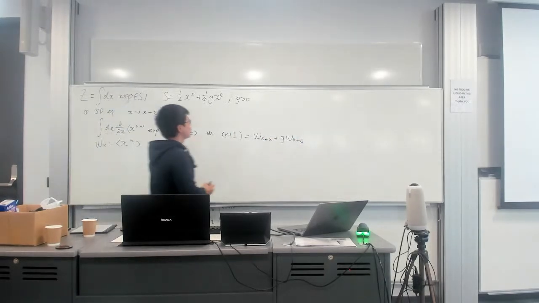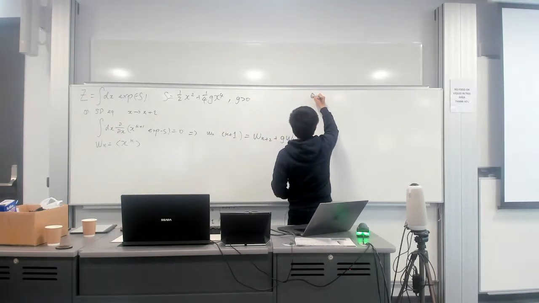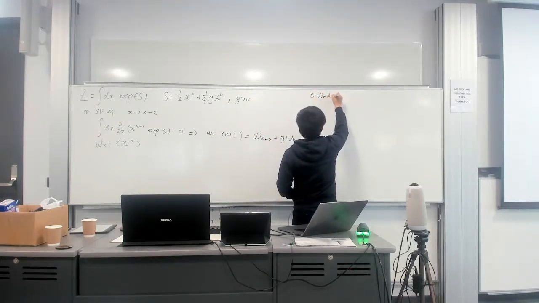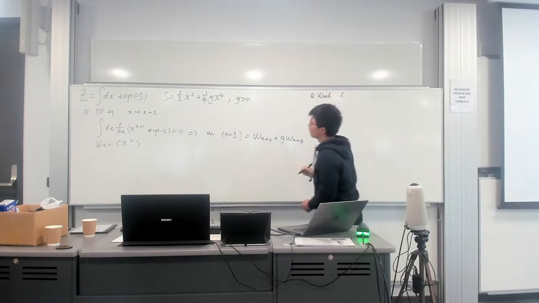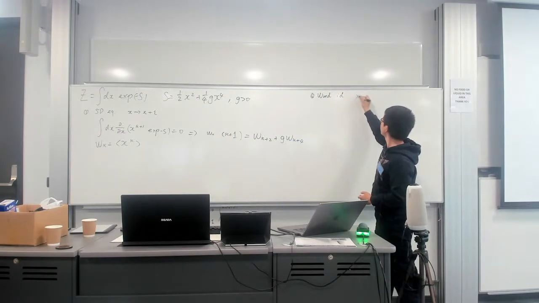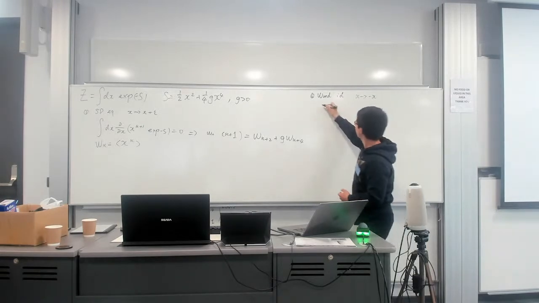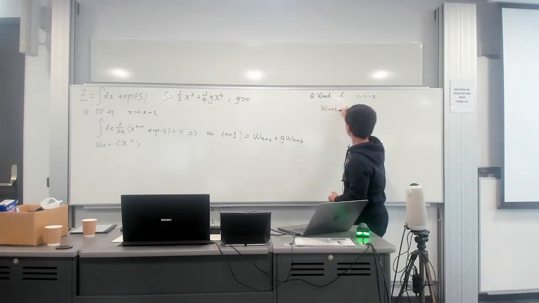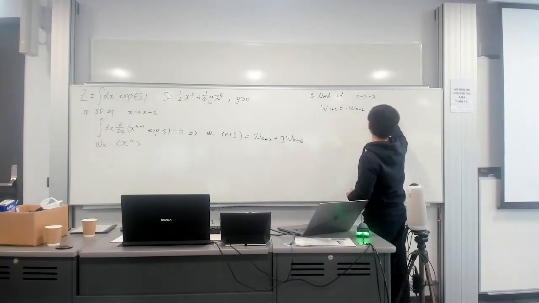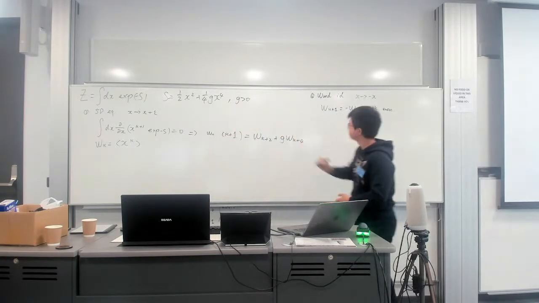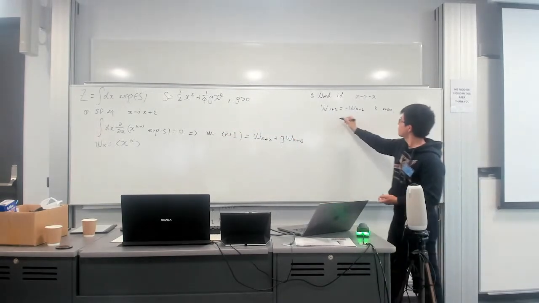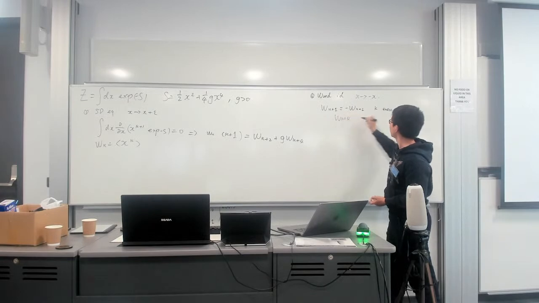And also we have the Ward identity. What is it? Well, we redefine x to minus x. What do we get? We get W_{k+1} equals minus W_{k+1} when k is even. Also here, we do this shift. And this means that W_k equals 0 for odd k.